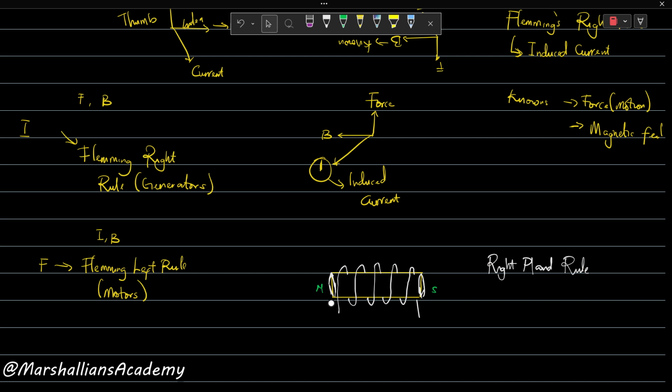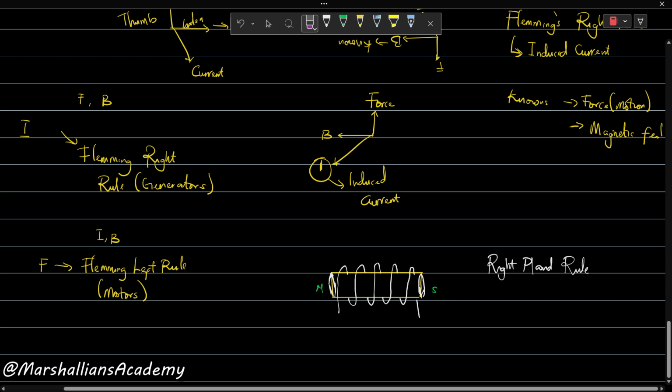Are we together? And if you use your right hand rule for the south to be here, let me redraw that in yellow. For the south to be here and the north to be here, do your right hand grip rule facing that direction. Current has to flow from behind the coil to the front of the coil. If you know how current flows, then you can know the direction of the magnetic field.